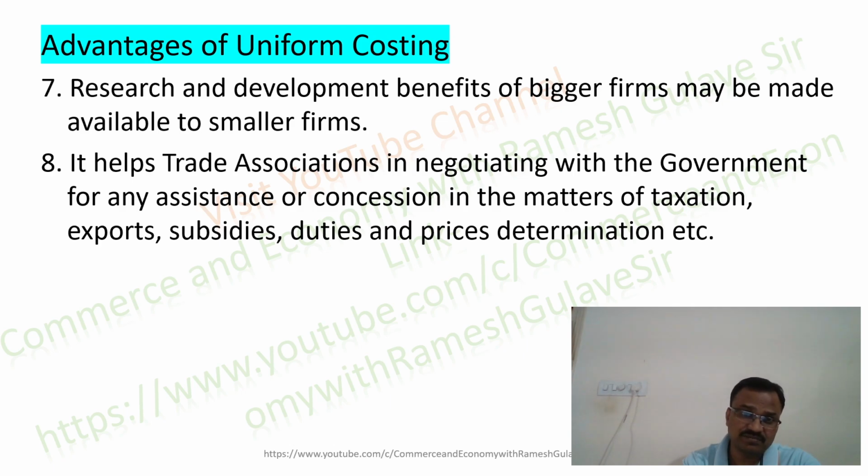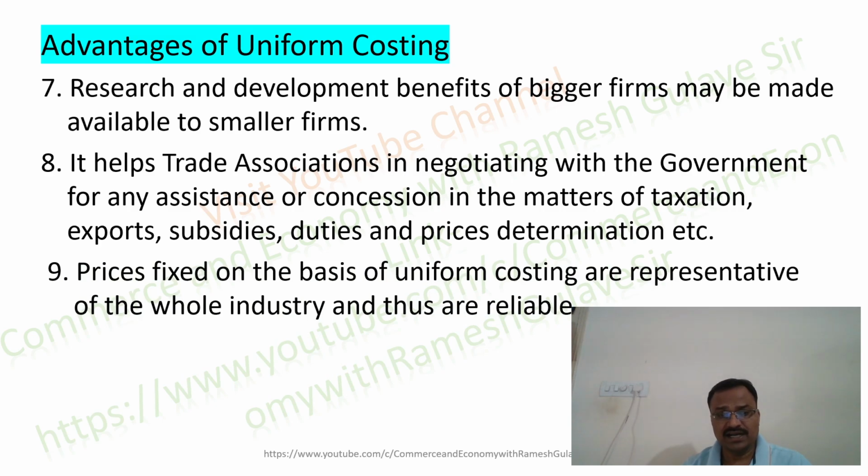So basically, if the uniform costing system is there in an industry, then those firms can negotiate with the government on various matters. The next advantage of uniform costing is that prices fixed on the basis of uniform costing are representative of the whole industry and thus are reliable.